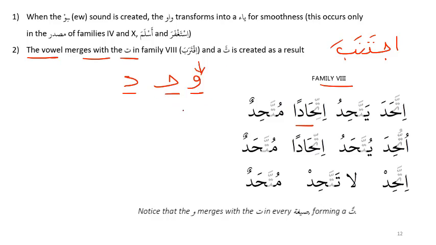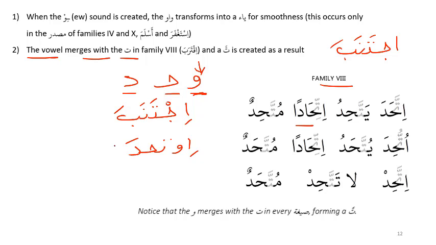Let me show you what that means. If we take ijtanaba, or ifta'ala, and the jim were replaced with a waw, the first root letter, then we would have iwtahada.